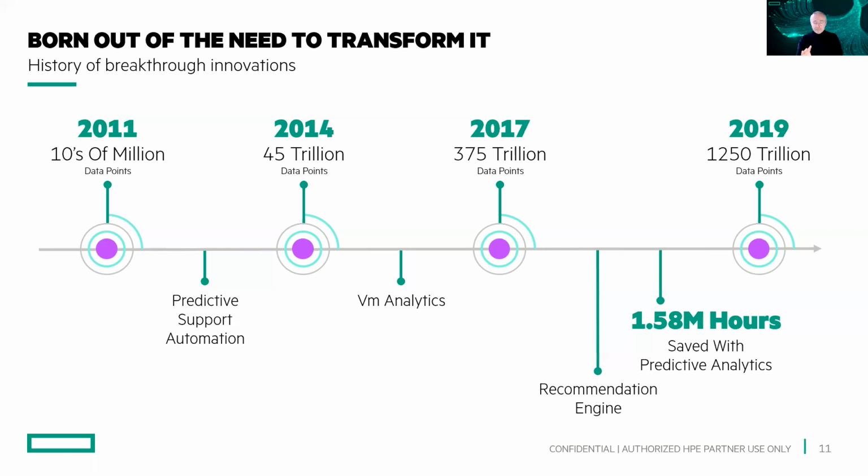And the more data that we put in the database, the more experience, the more insights that we have about good things, but also about bad things, of course. And on those bad things, we're going to give you that predictive support as well. As you can see, they were calculating how many hours they saved already with the predictive analytics.